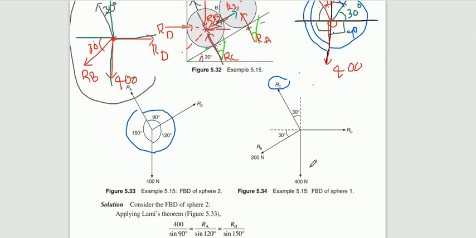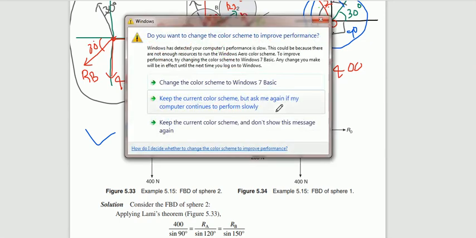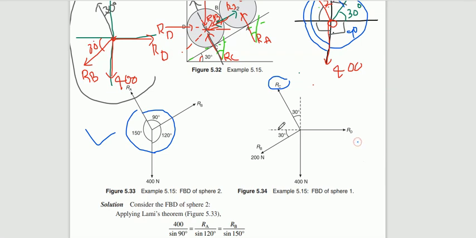Apply Lami's theorem where the unknowns are minimum, so consider that free body diagram first. Otherwise RC, RD and RB are all unknown. If you solve this one, you will get the value of RB at least.